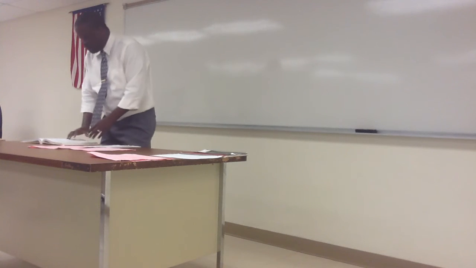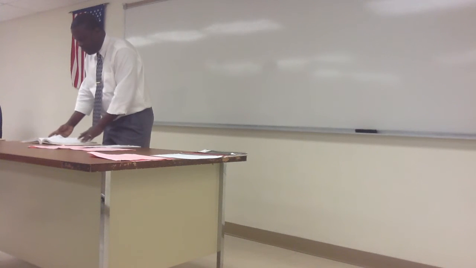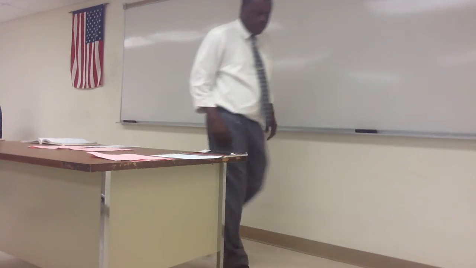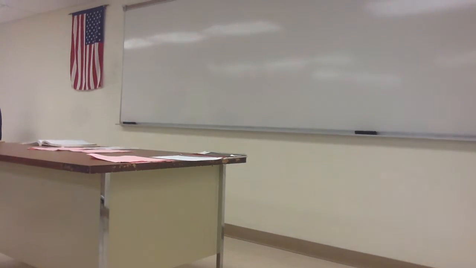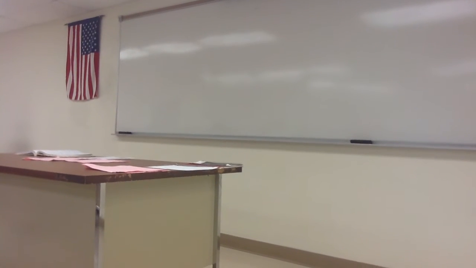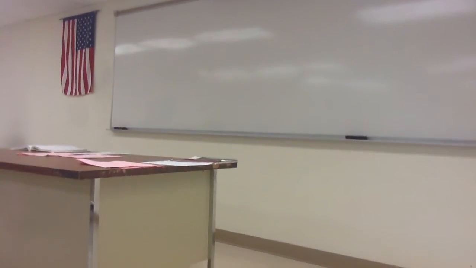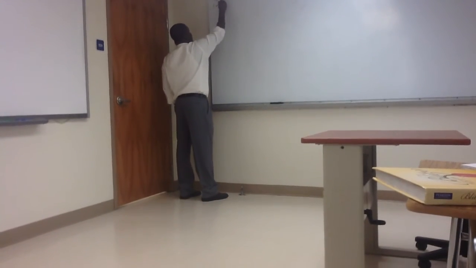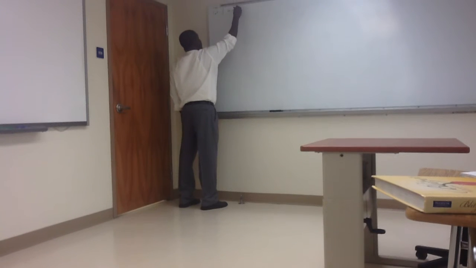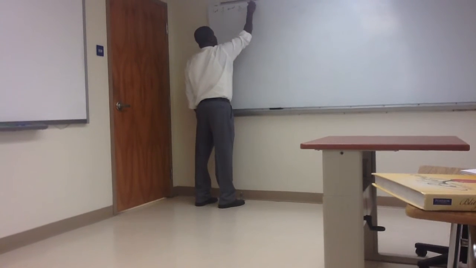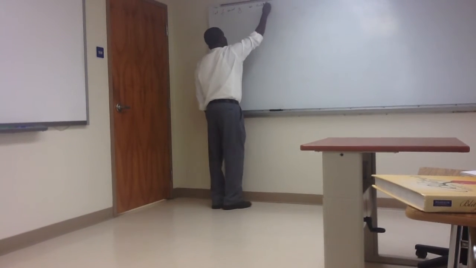2-7. I believe section 2-7 is dealing with inverses of functions. So let me just give you a piece of note on that. All right, let's start it like that. Let f and g be 2 functions.